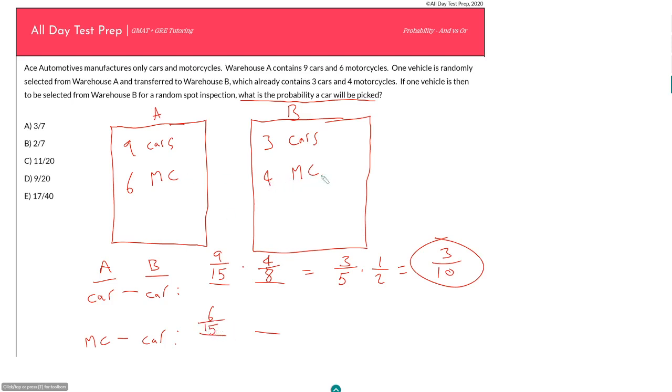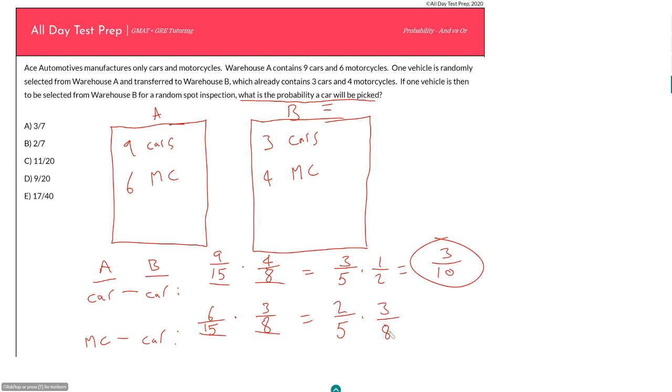And then once that motorcycle is moved here, now I have 8 vehicles in Warehouse B, 5 of which are motorcycles. And so the probability of selecting a car from Warehouse B is going to be 3 out of 8. Because remember, the question's asking for the probability of picking a car from Warehouse B. So this sequence of events, motorcycle from Warehouse A and then a car from Warehouse B, should be 6 over 15, which is 2 over 5, times 3 over 8.